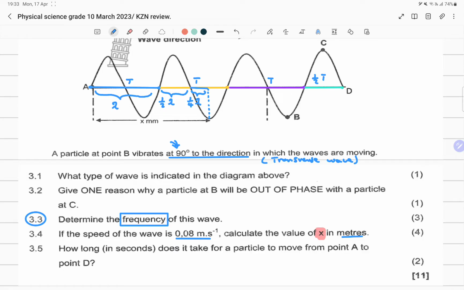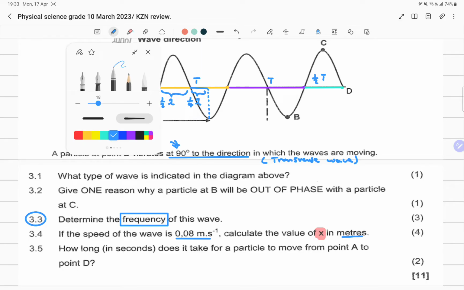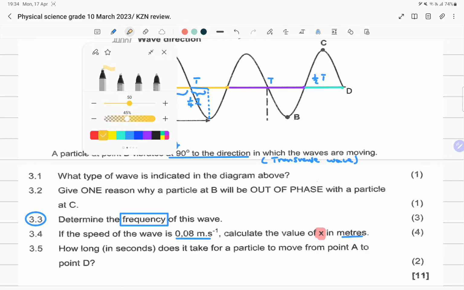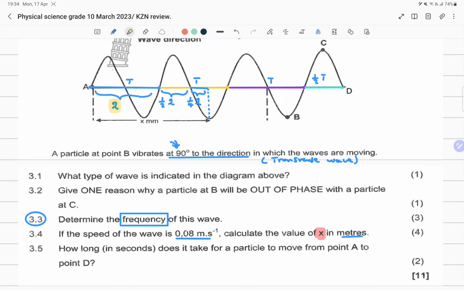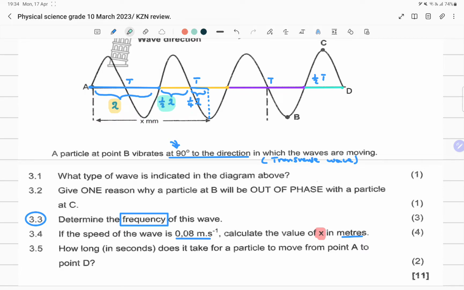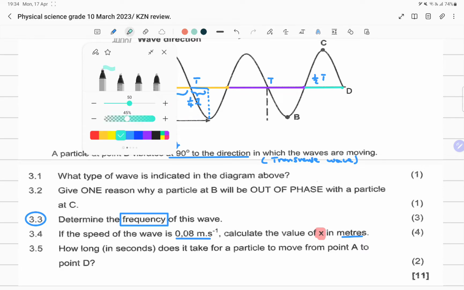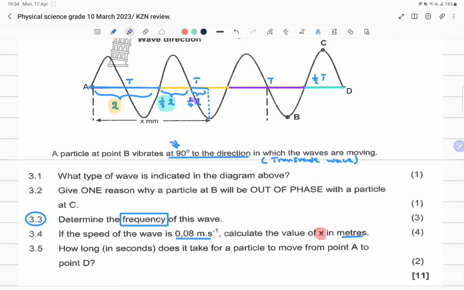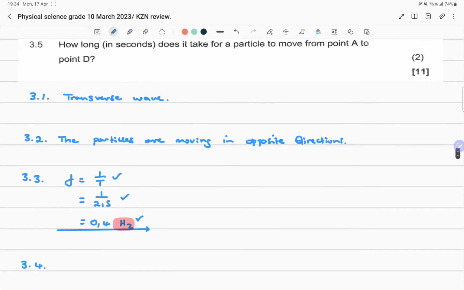So to calculate this distance we need to consider these parts. The key is knowing the wavelength, and then we simply do that calculation. Pretty easy.